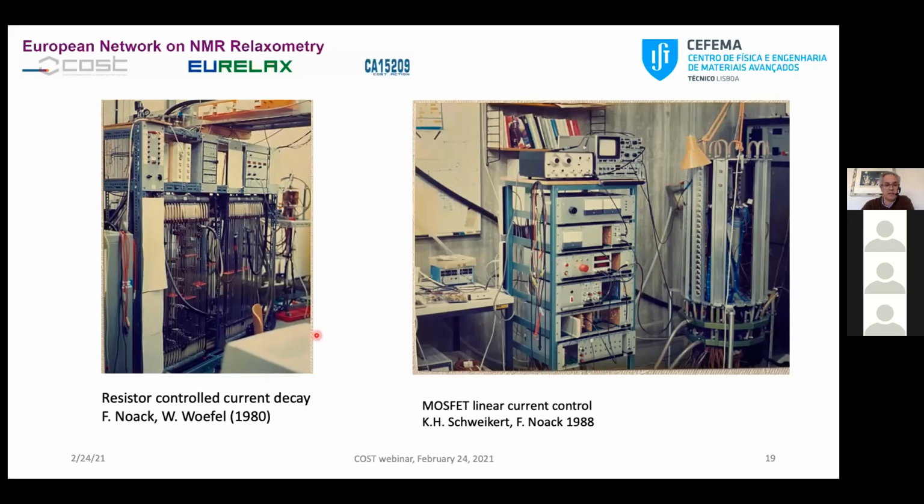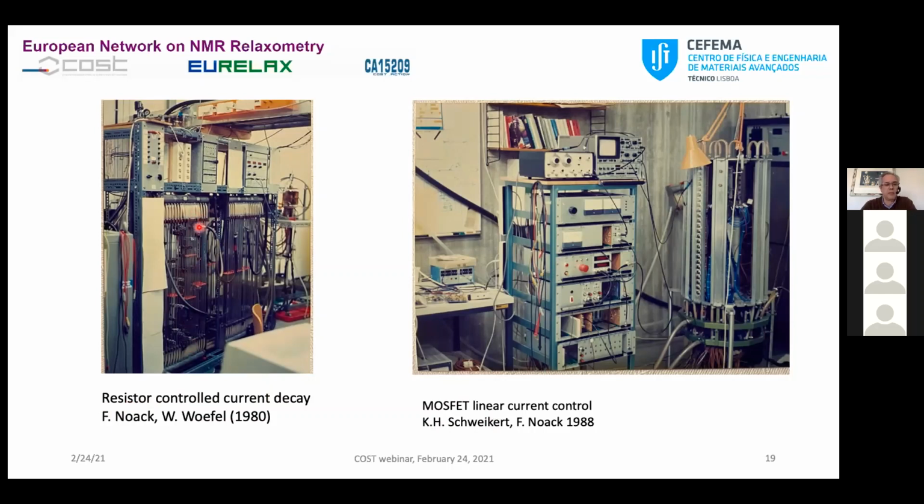So when I arrived, I started to work with this equipment, and the funny thing is that it was resistor controlled. The current decay was controlled by adjusting the position of these cables on these tubes, where water was flowing to cool the copper.